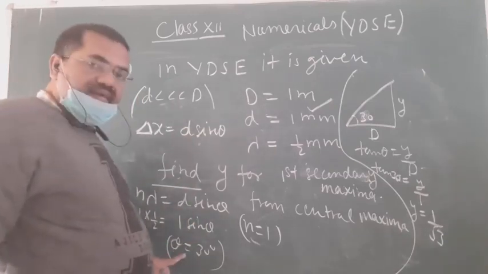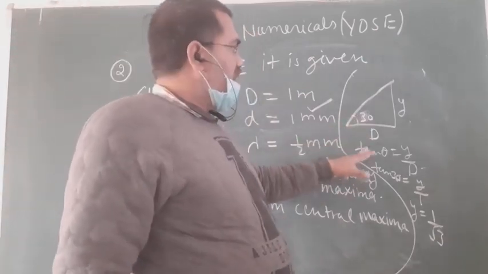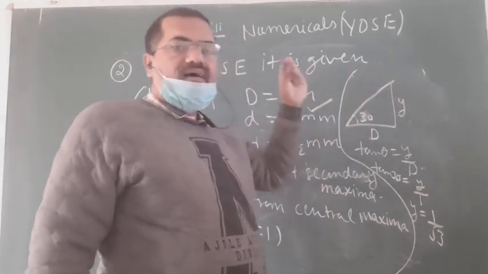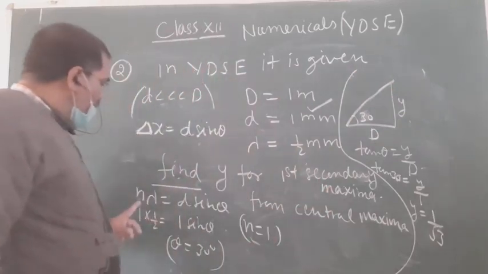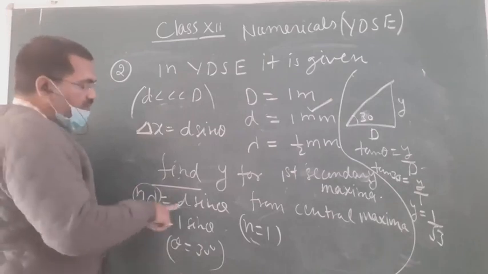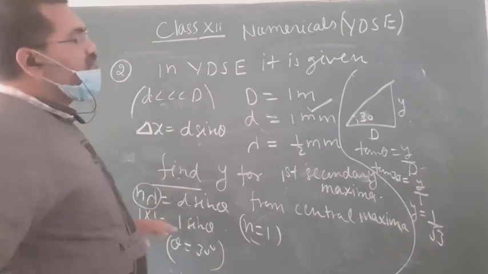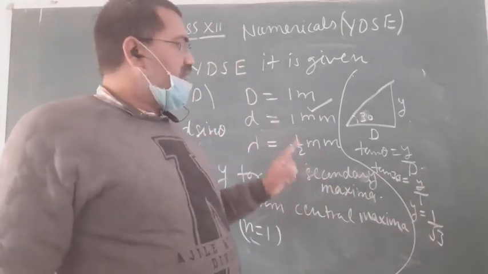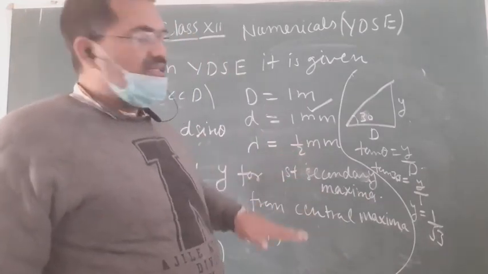When we get theta, then we will also find tan theta, and as tan theta equal to y by D, where y is the position of any maxima or minima, we have to find first secondary maxima. In case of maxima, this is the general condition, path difference will be n lambda. For first secondary maxima, put n equal to 1 here, then we will find the answer y equal to 1 by root 3. That is, first secondary maxima will come after 1 by root 3 millimeter from central maxima.